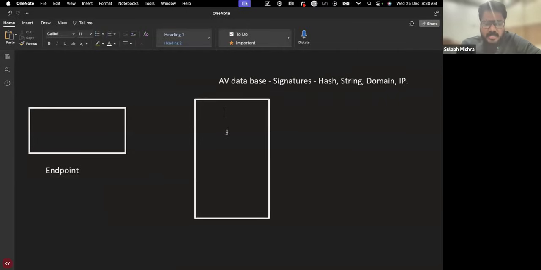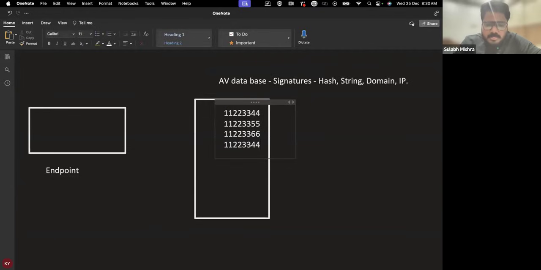Let's say I'm just taking a simple example. Let's say there's a file with hash 11223344. This is one hash. Another hash is 55. Another hash is 66.